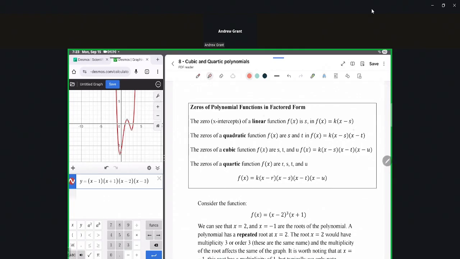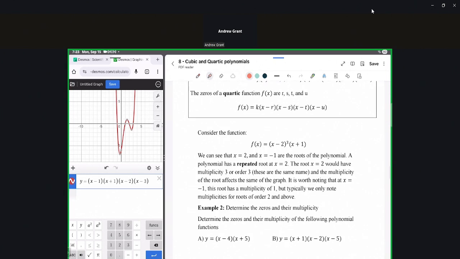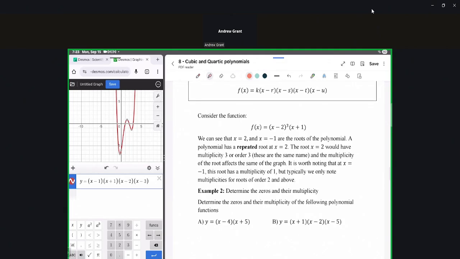This came from the textbook as well. We have linear, quadratic, cubic, and quartic, which is what I summarized earlier. However, there is an exception to this. Suppose we have f of x is equal to (x minus 2) to the power of 3 times (x plus 1). So this is going to be a quartic function.